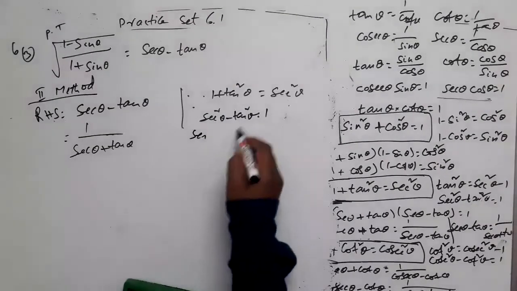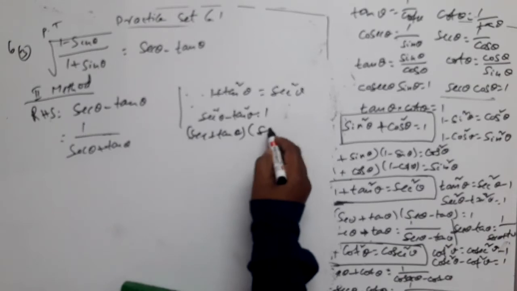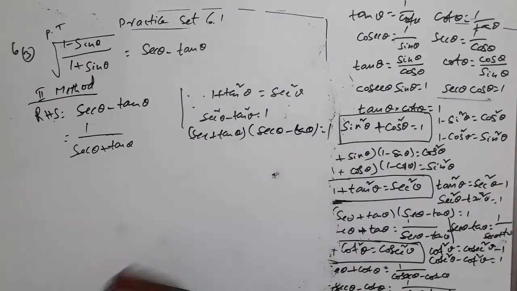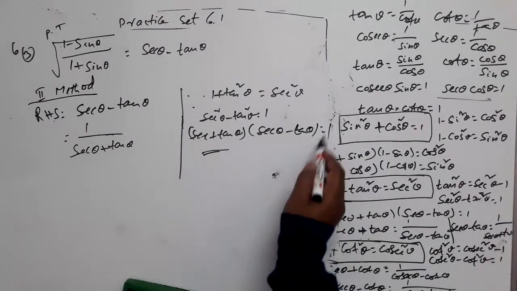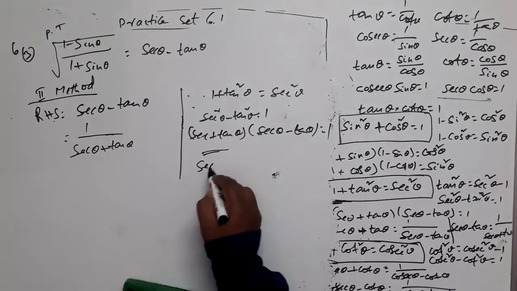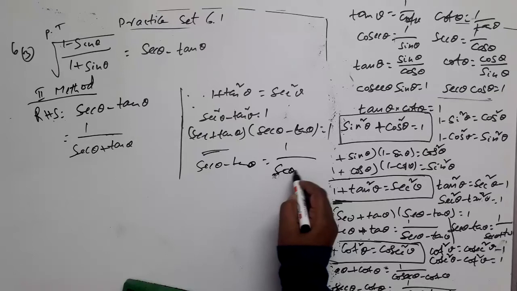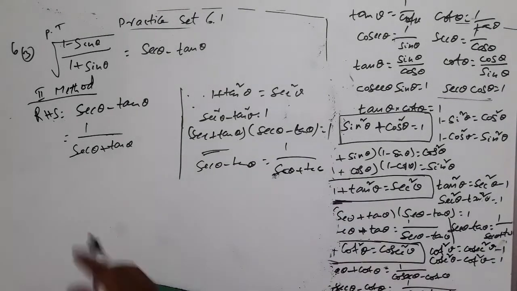So this is of the form a square minus b square, that can be written as a plus b into a minus b. So this is secant theta plus tan theta multiplied by secant theta minus tan theta. So this is equal to 1, and secant theta minus tan theta can be written as 1 by secant theta plus tan theta. That is how we have obtained this.